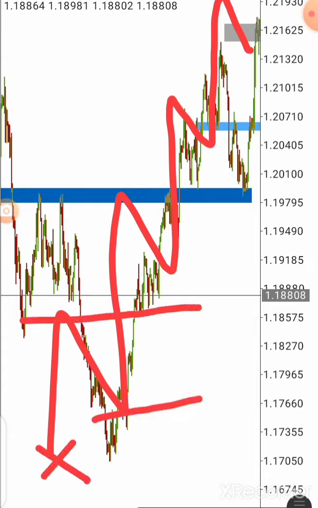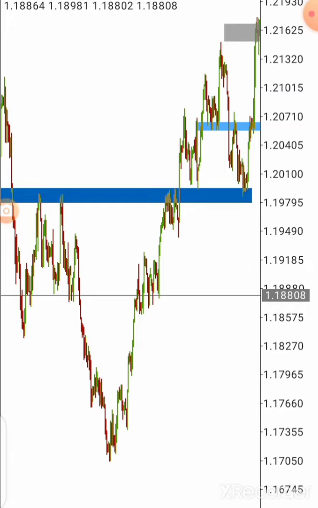It came back here, broke above, created a new high, created a new low which is higher than the previous, and created another one like this. And these higher highs and higher lows you have in the market actually represent the support and resistance zones in the market.